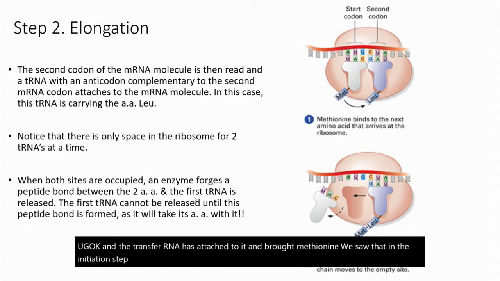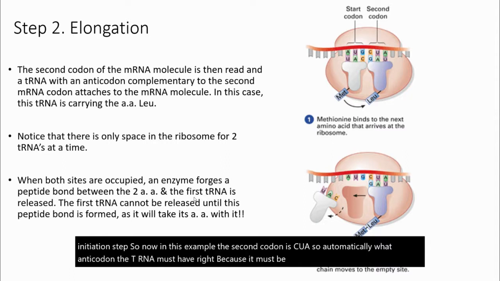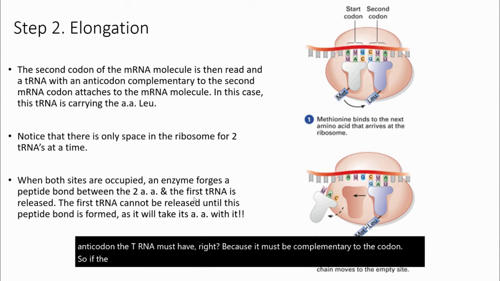So now in this example, the second codon is CUA. So automatically you know what anticodon the tRNA must have, right? Because it must be complementary to the codon. So if the codon is CUA, what is opposite of that? GAU, right? Think of base pairing.